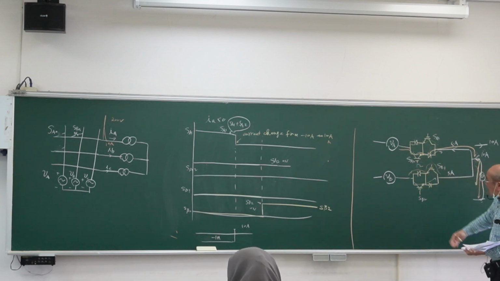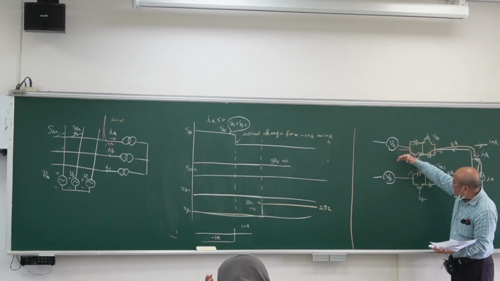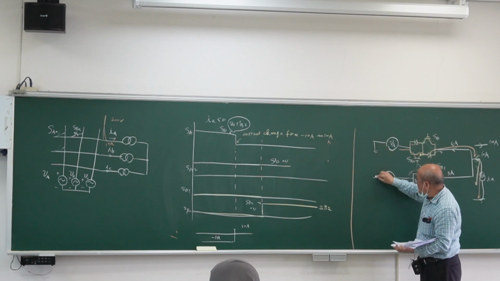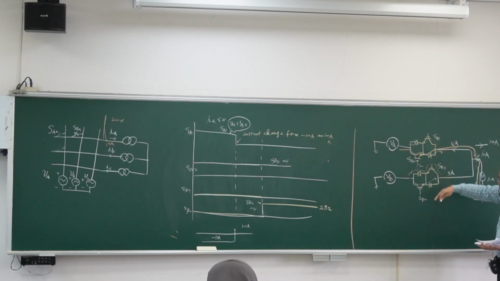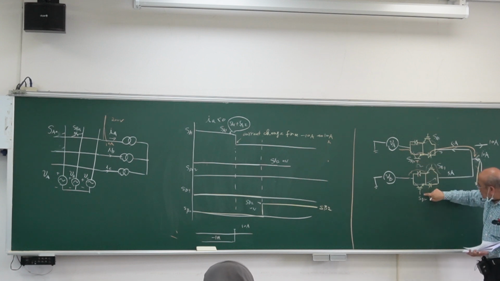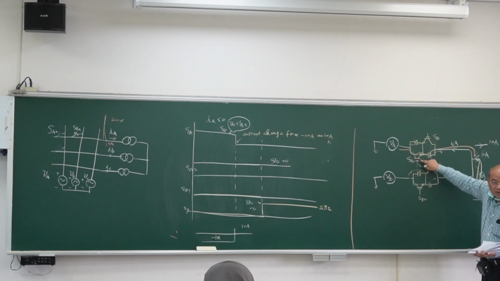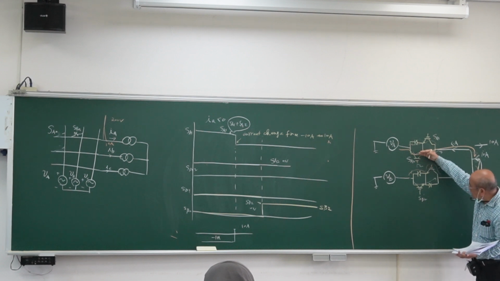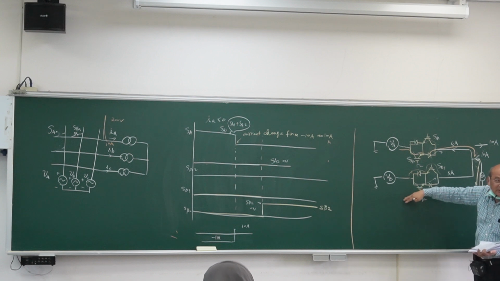Okay. Then I want to change from A phase to B phase. If I want to change A phase to B phase, should I turn off SA2 or SP2? SA2. Because I need to change from A phase to B phase, right?